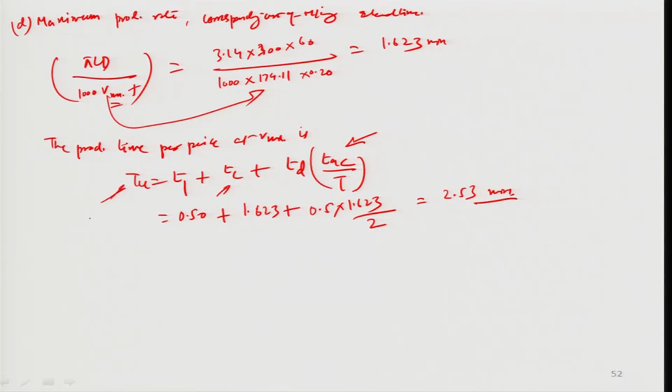Okay. So, if you consider the maximum production rate model, then the total time per component comes out to only about 2.53 minutes.